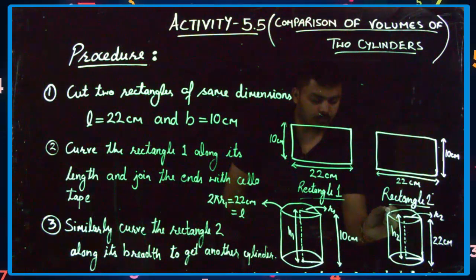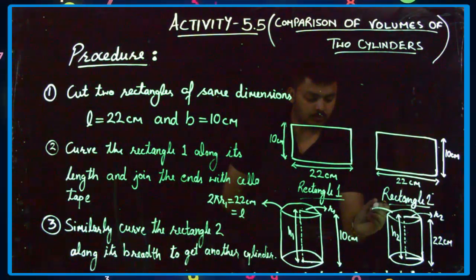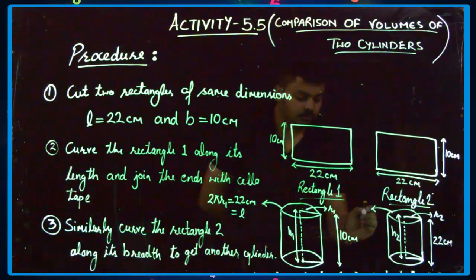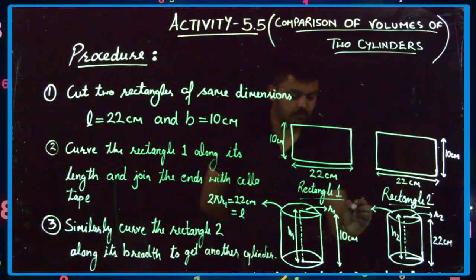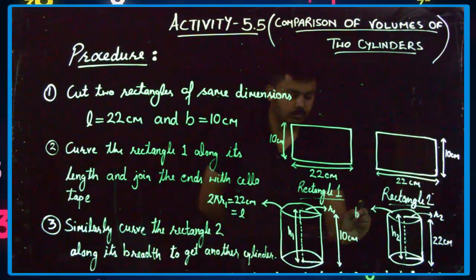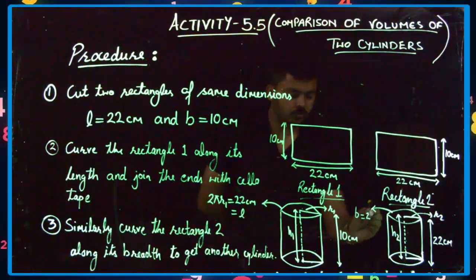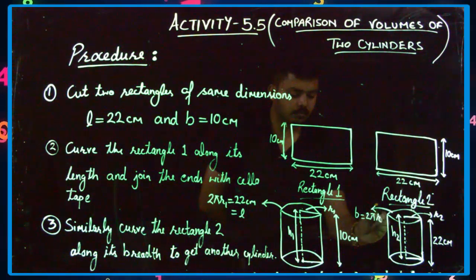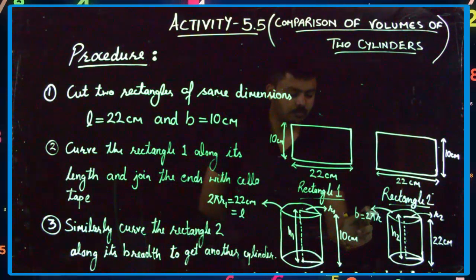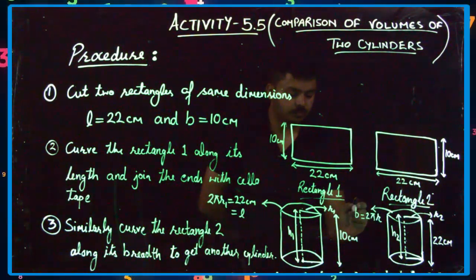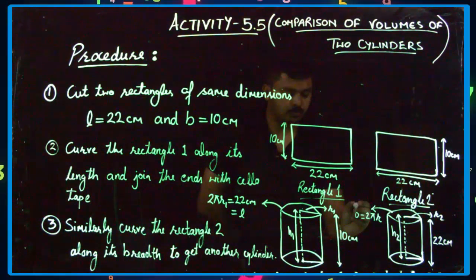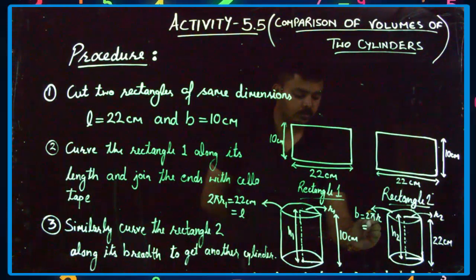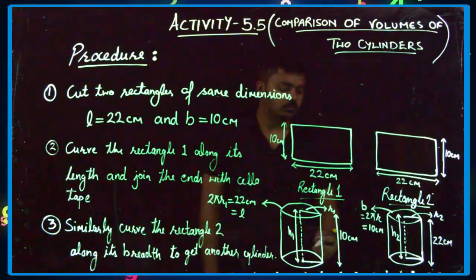And now breadth B equals 2 pi r equals 10 centimeter.